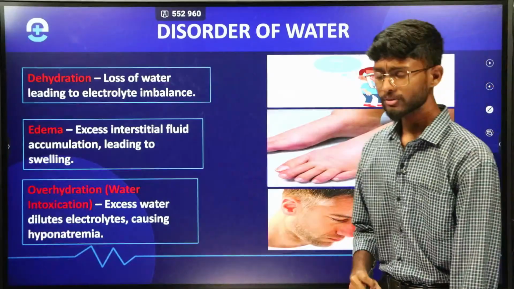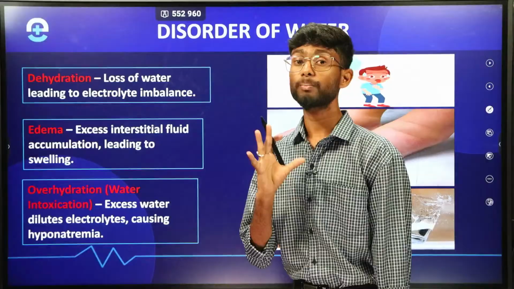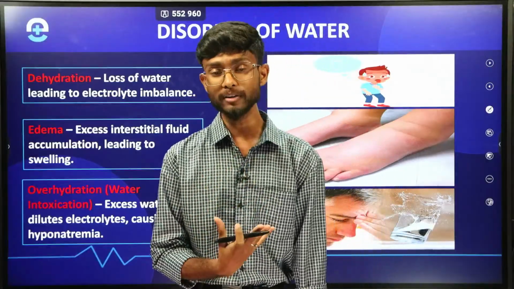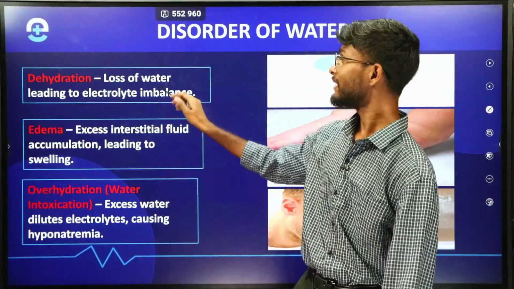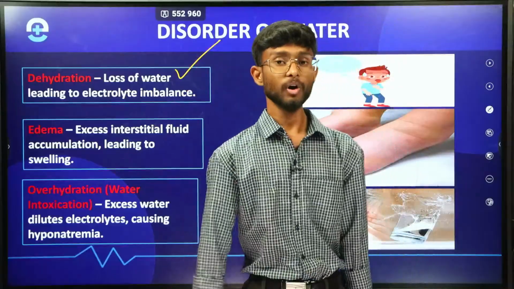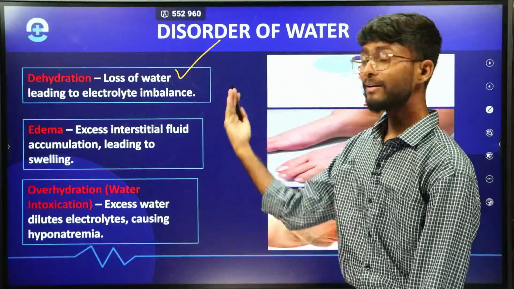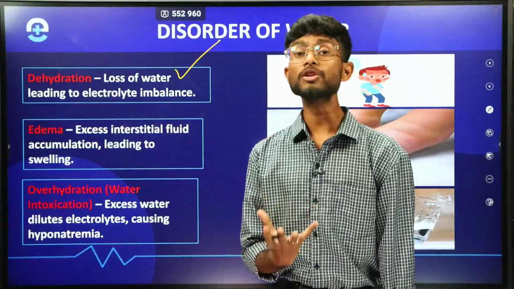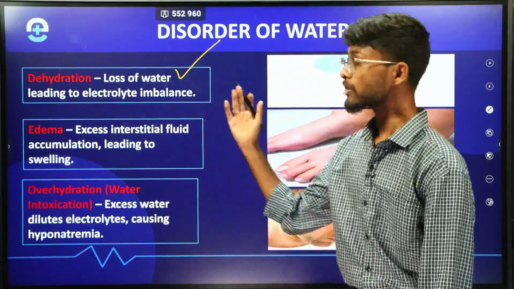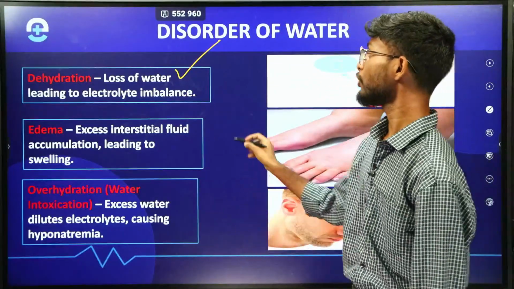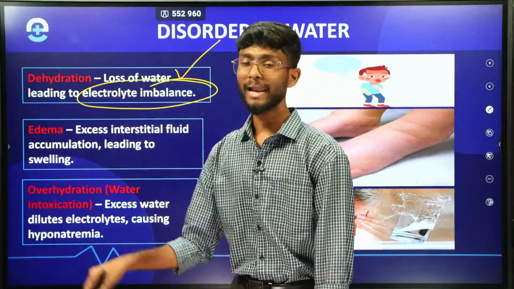Next, if the water is not balanced properly, what disorders may occur? One is dehydration. What do you mean by dehydration? Dehydration is nothing but the loss of water, which leads to electrolyte imbalance.